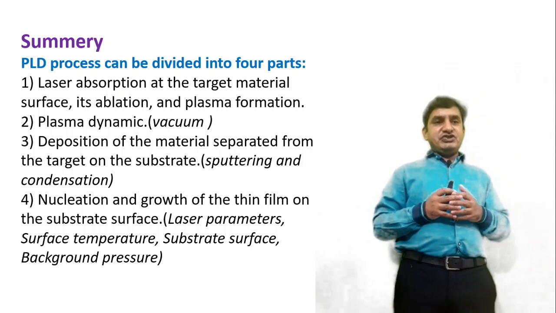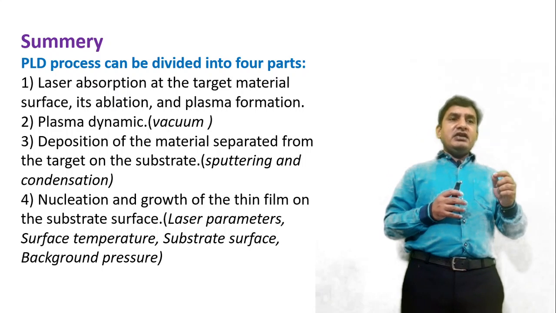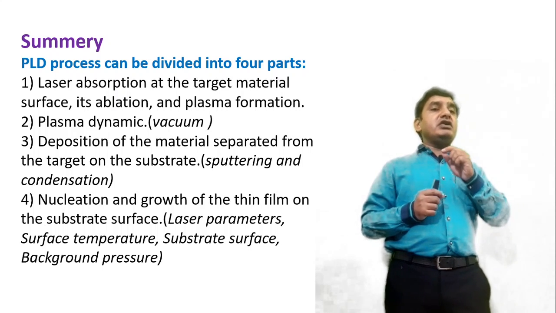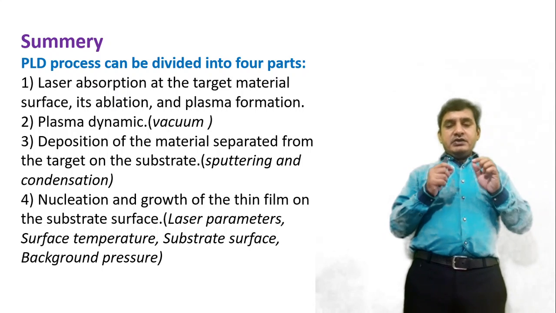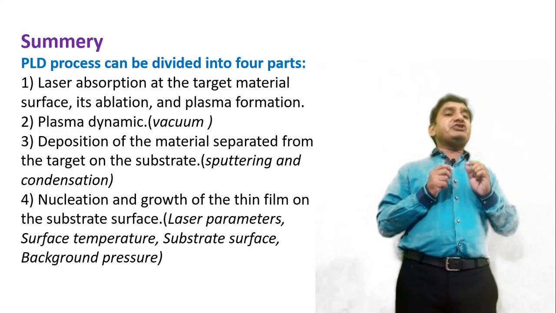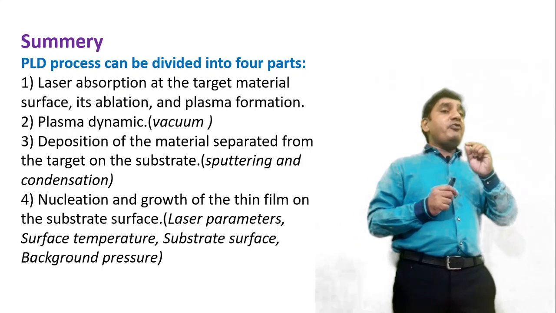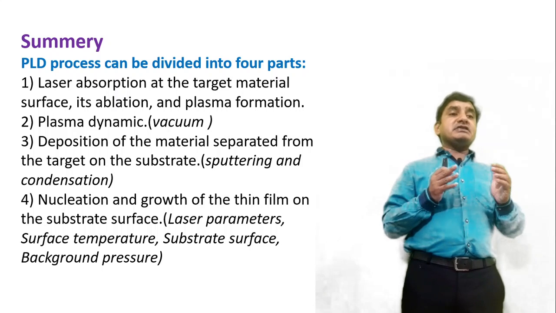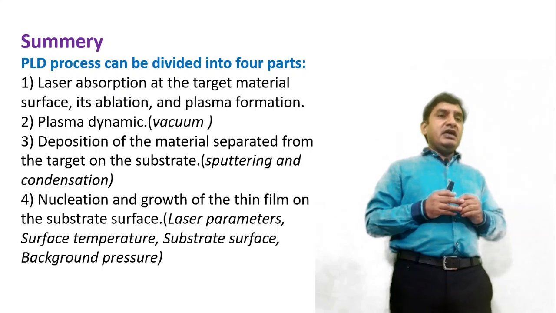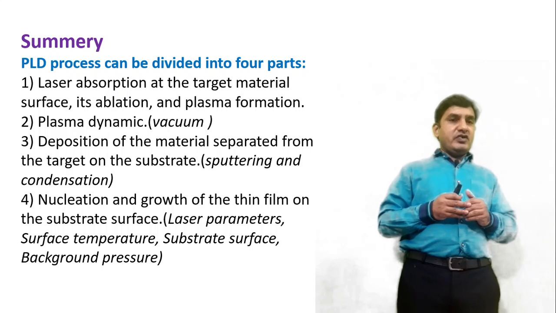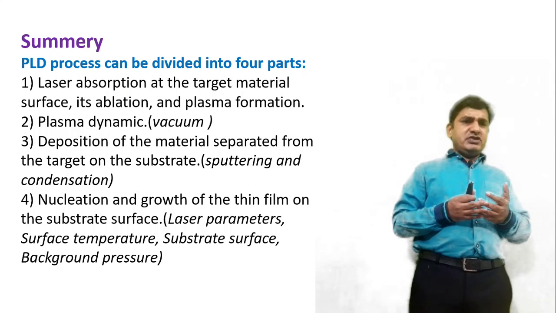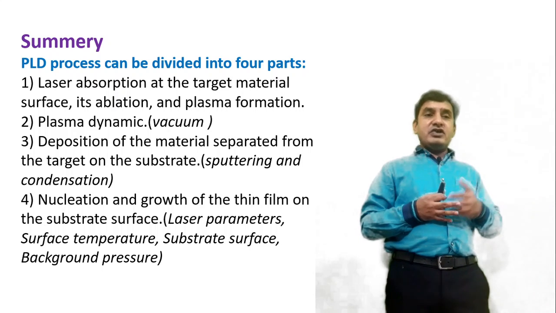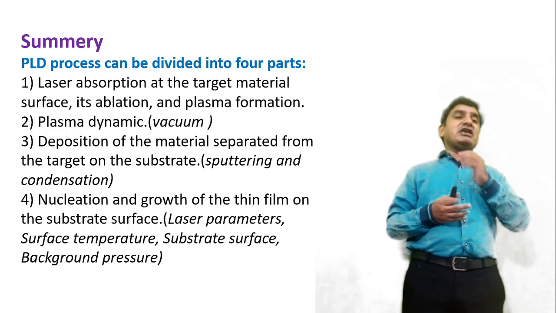Now in this lecture we discussed what happens when the laser beam is incident on a target material. This laser beam is absorbed, and there is formation of a plasma plume or laser plume. It's ablation and plasma formation.